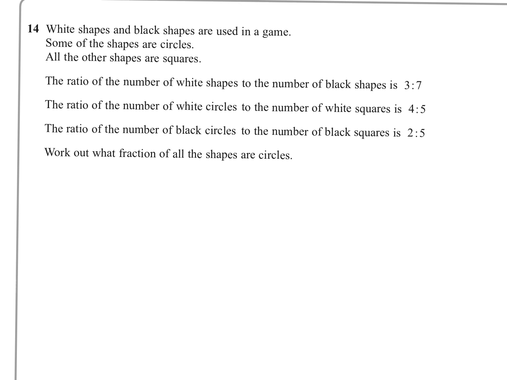Question 14. White shapes and black shapes are used in a game. Some of the shapes are circles, all of the other shapes are squares. It says the ratio of the number of white shapes to the number of black shapes is 3:7.